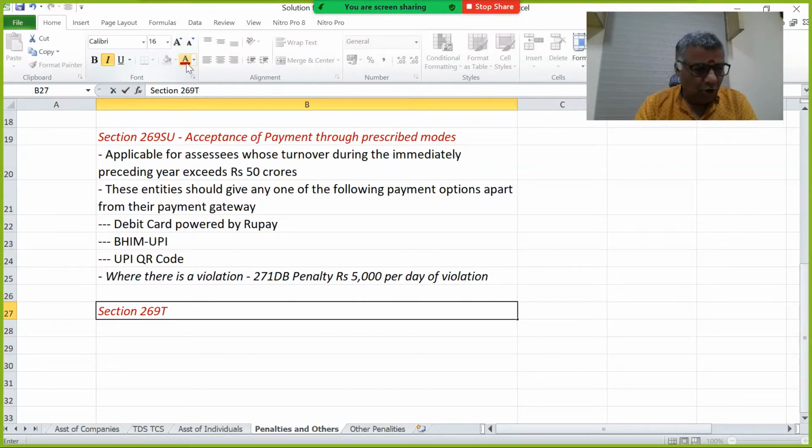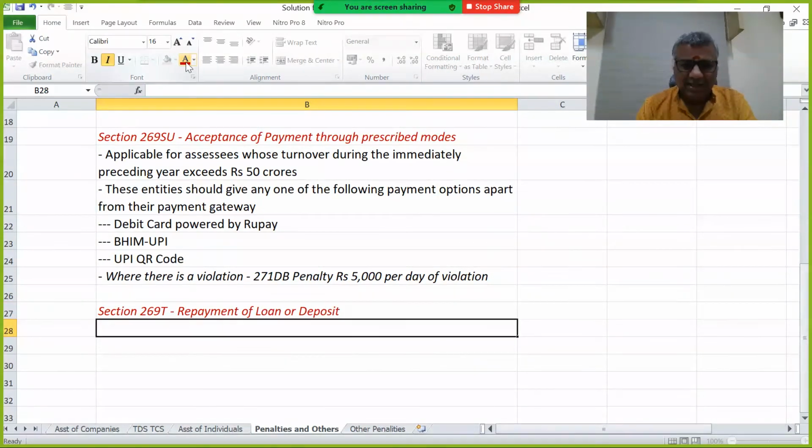Section 269P, repayment of loan or deposit. This is the most important. 269SS is acceptor based, 269T is repayer based, that is the person paying should be ensuring that he is paid properly.